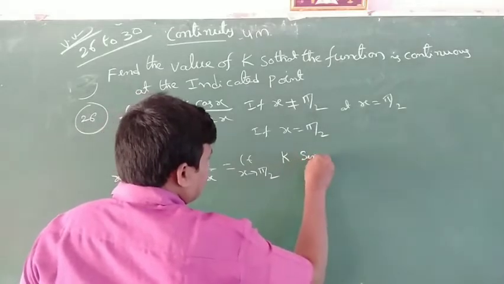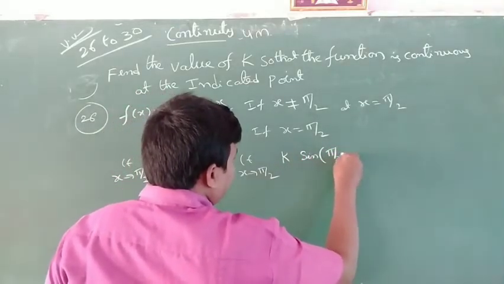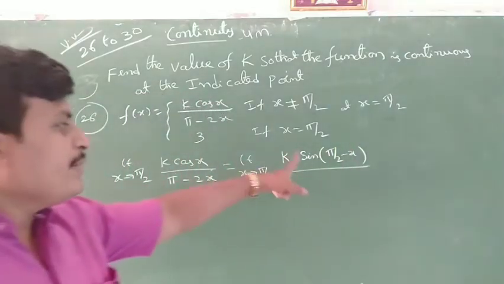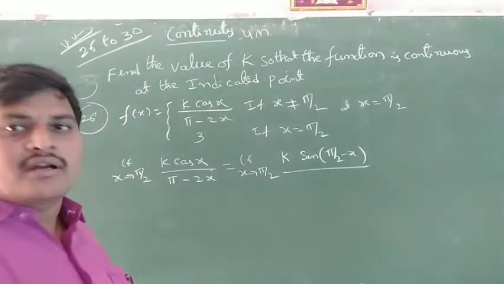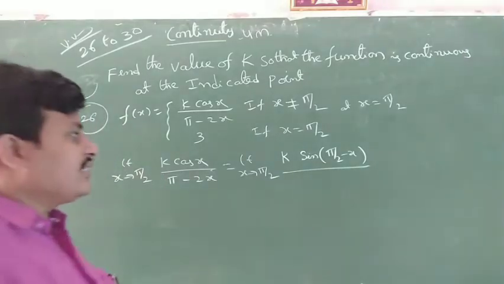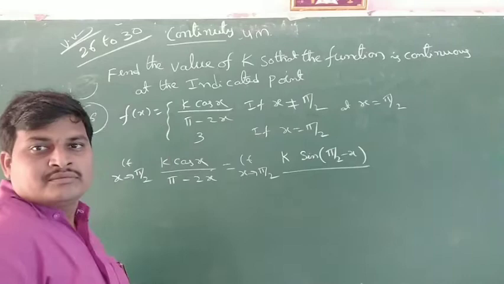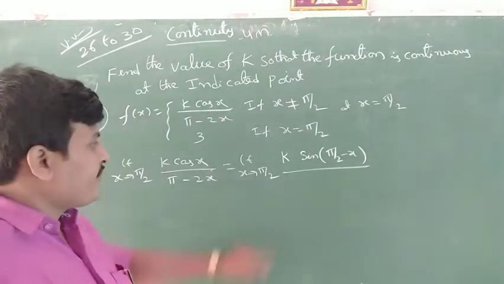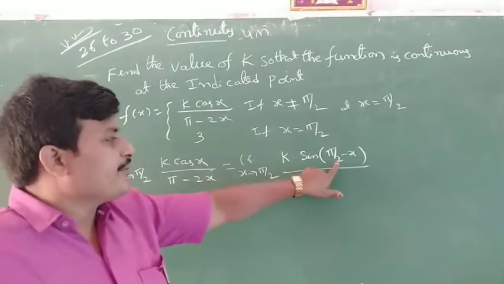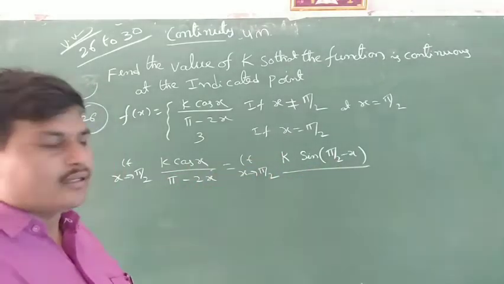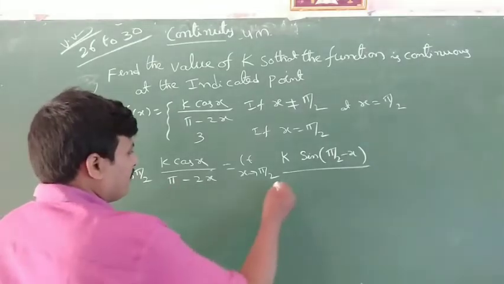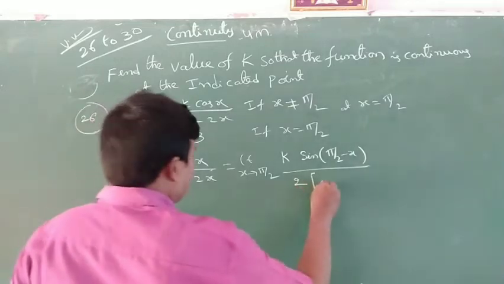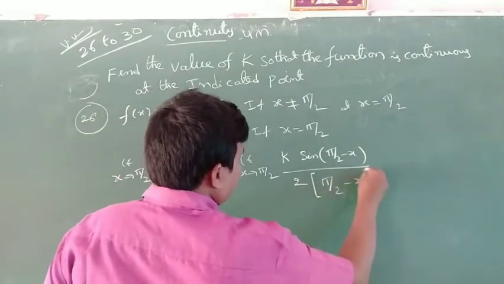Cos x is converted into cos of pi by 2 minus x... sin 90 minus theta is equal to cos theta, cos 90 minus theta is equal to sin theta. Listen carefully, very very important problems. Cos x is converted into sin of pi by 2 minus x. Next, in the denominator, take 2 common.